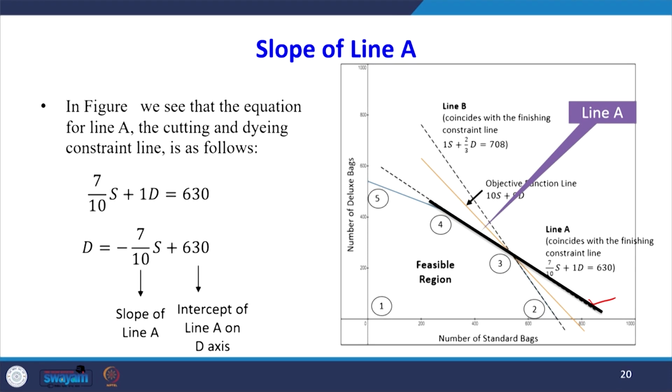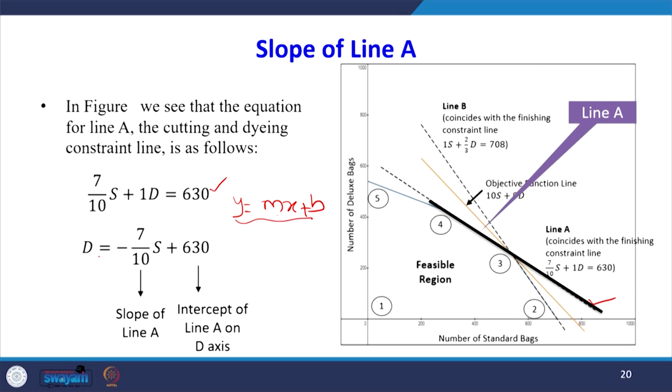I want to know the slope of this equation. So, I am going to rearrange it. We know that y equals mx plus b, where m is the slope. Here y is nothing but your D, the number of Dirac bags. So, I am going to write this equation in the form y equals mx plus b, so that I can find out the slope.